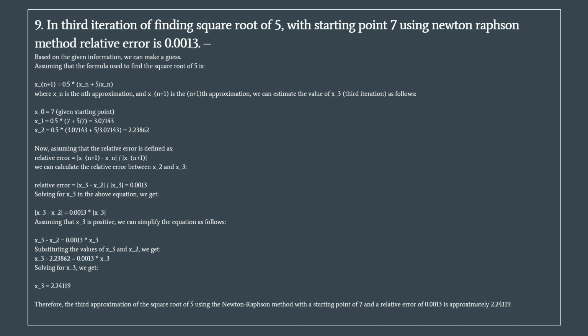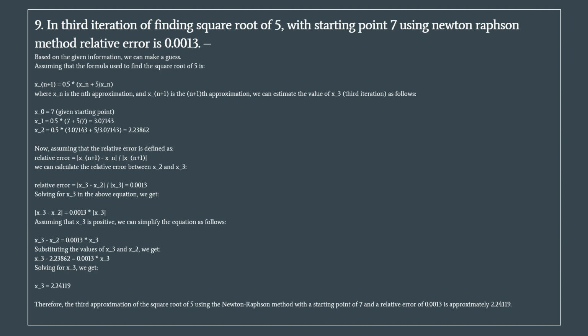So based on the information given, we can make guesses, assuming that the formula used to find the square root of 5 is 0.5 times (x_n plus 5 by x_n), where x_n is the representation for the nth approximation and x_(n+1) is the representation for the (n+1)th approximation. So we can estimate the value of the x_3 iteration as follows.